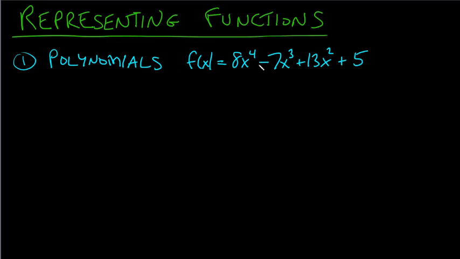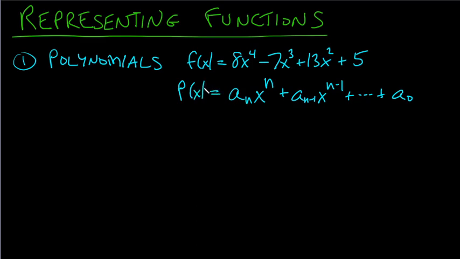So anything of that form, basically a bunch of terms where you have some coefficient, say an, times x to some power, and then you just keep adding them up, right? And usually the exponents go in decreasing order like this. That's sort of the standard way to write it, until you just get to the constant term, say a0. Right? So this is, I'll call it P for polynomial. This is a typical polynomial.